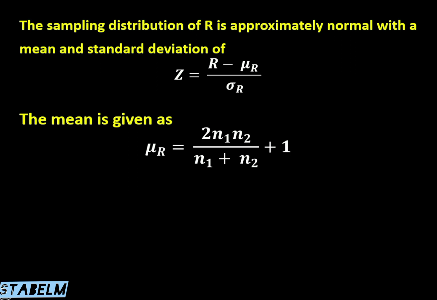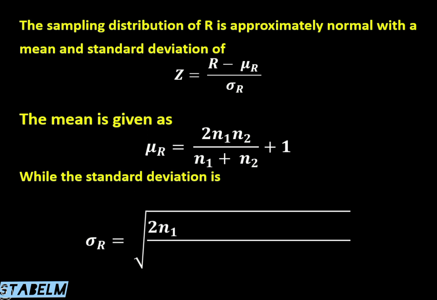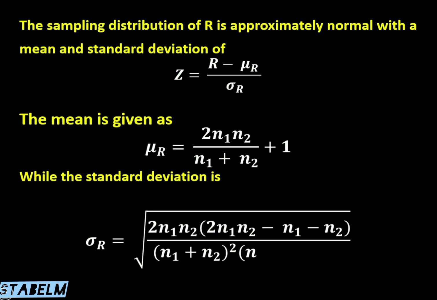Now we also need to know the standard deviation of the run test. So how do we get that? The standard deviation is given as sigma subscript R equals the square root of 2 n1 n2 into bracket 2 n1 n2 minus n1 minus n2, divided by n1 plus n2 raised to the power 2 into bracket n1 plus n2 minus 1.